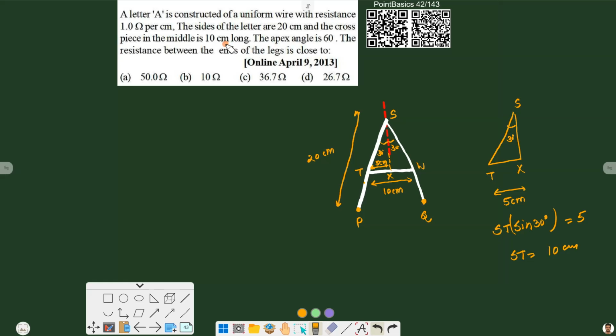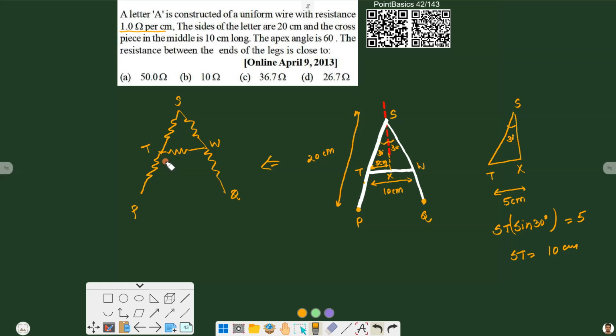Now, each centimeter has 1 ohm resistance, as the uniform wire has a resistance of 1 ohm per centimeter. So we can represent this A as something like this, that each part P, T, S, W, Q has a length of 10 centimeter and 1 centimeter is equal to 1 ohm resistance.